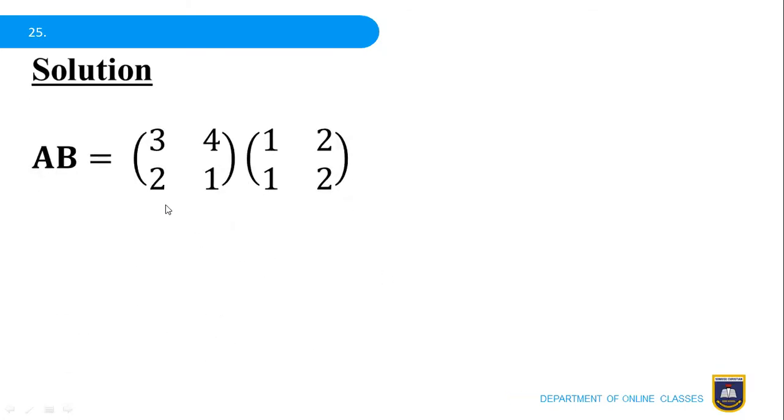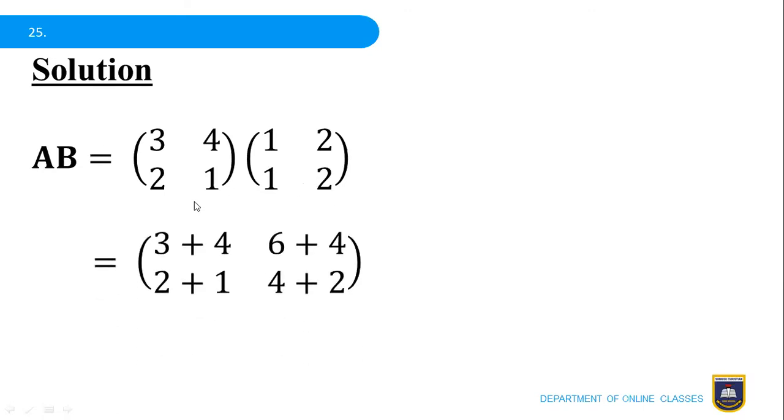AB, which means we are multiplying the first matrix by the second matrix. So 3, 4, 2, 1, multiplying 1, 2, 1, 2. This is equal to, so the first row is the 3, 4.